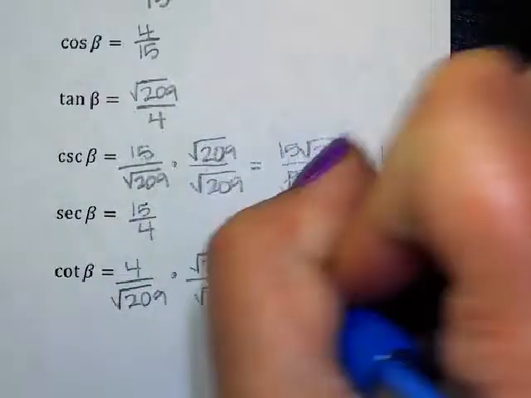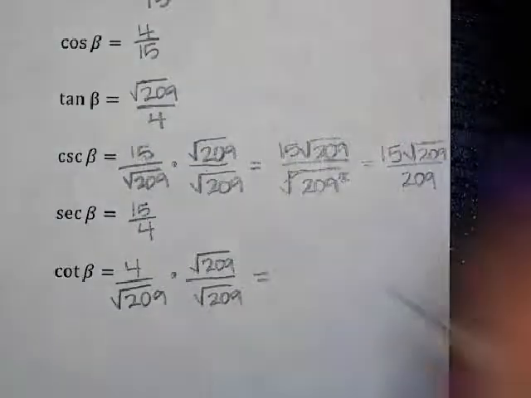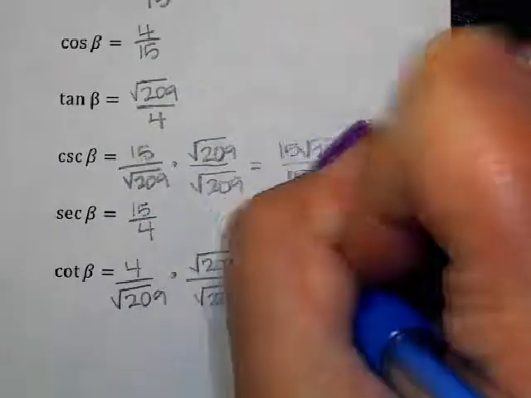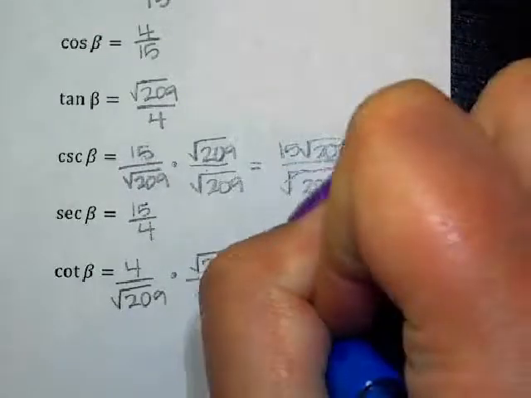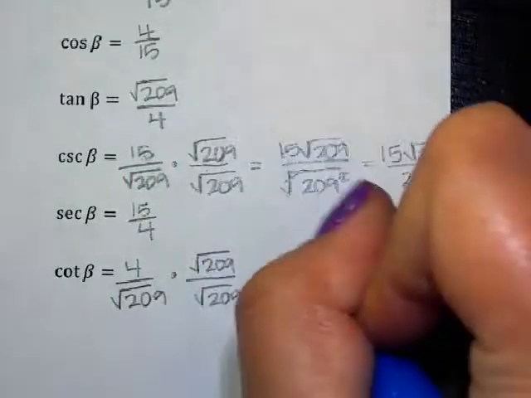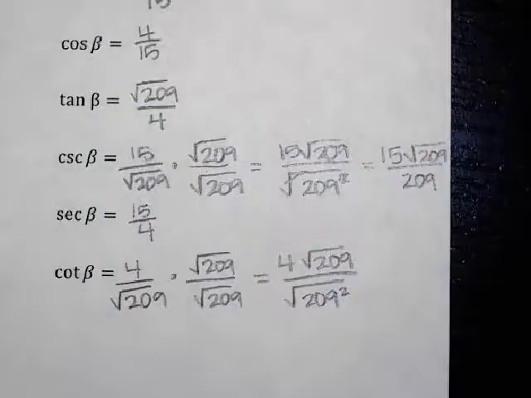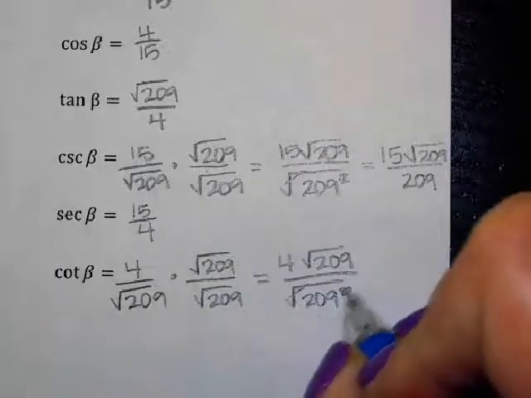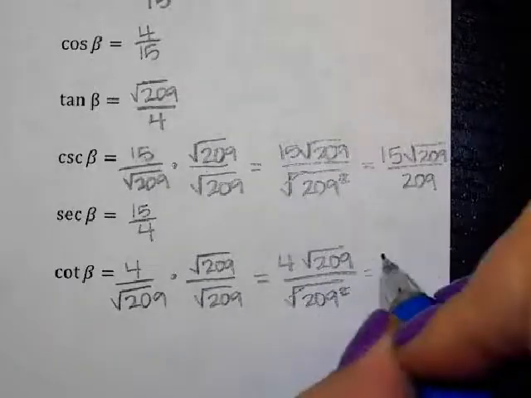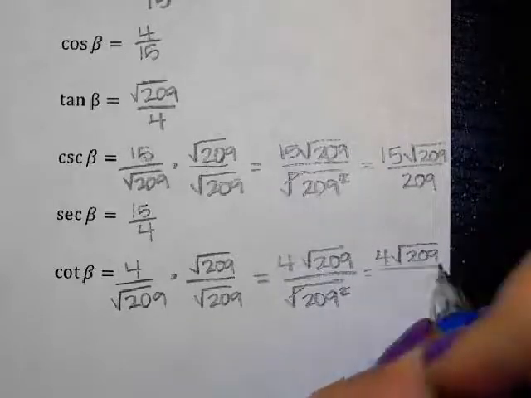And the top is going to be, okay, and the bottom's going to be the square root of 209 squared. And what happens on the bottom? The square and the square root cancel, okay. And then 4 root 209 over 209.